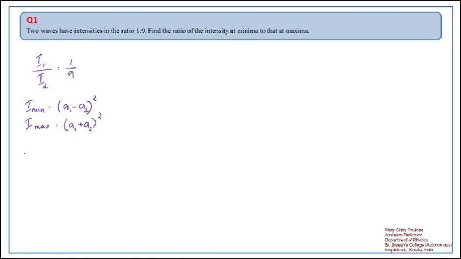So from the given value I can write I1 by I2 is equal to A1 square by A2 square, equal to 1 by 9. That is A1 by A2 is equal to 1 divided by 3, taking square root. This implies that 3A1 is equal to A2. Okay.